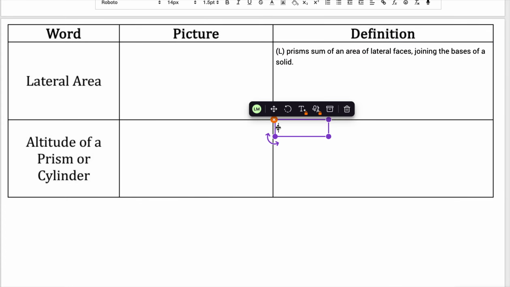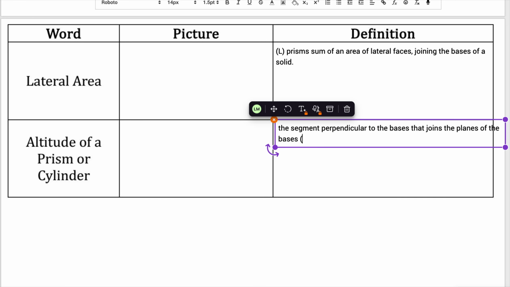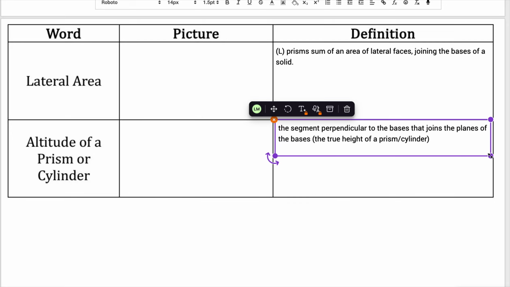And then the altitude of a prism or a cylinder is the segment perpendicular to the bases that joins the planes of the bases. You can also think about this as the true height of a prism or cylinder. That'll come more into play when we see cones, but for the most part, altitude and height is pretty easy to find.